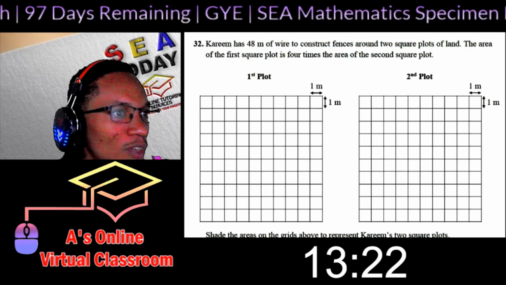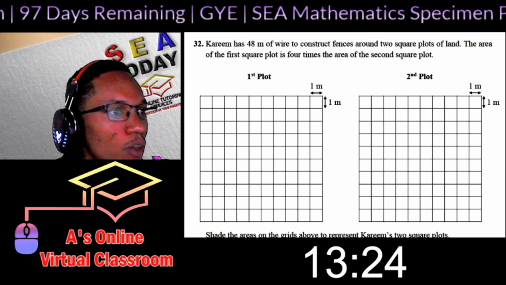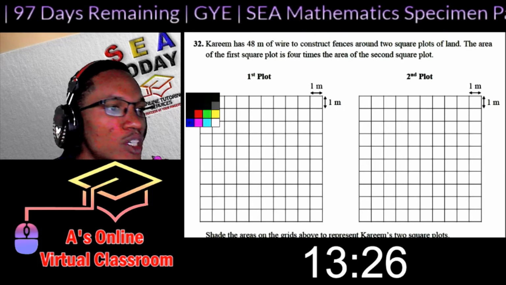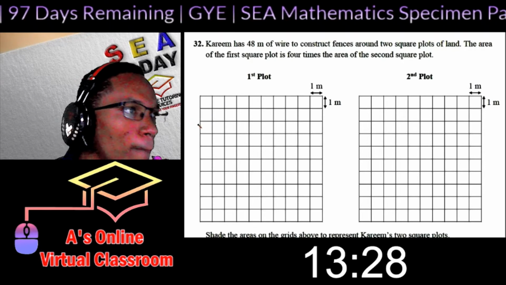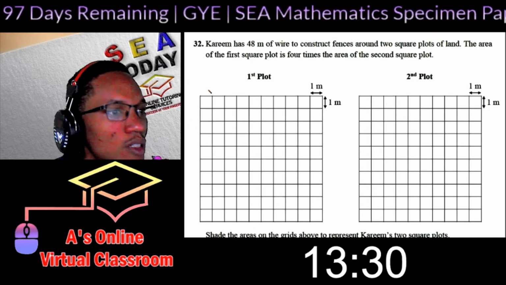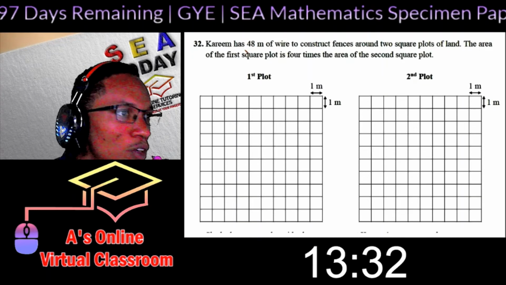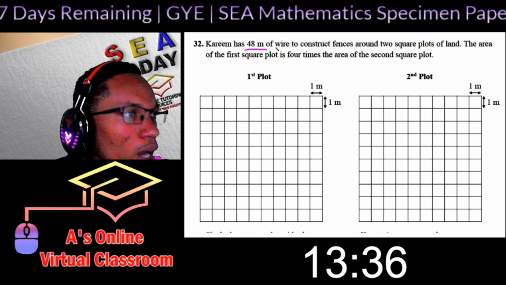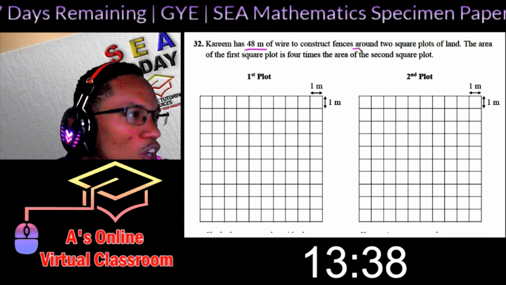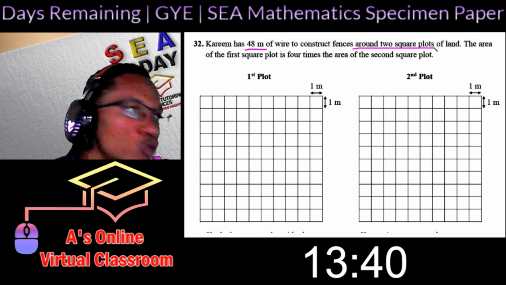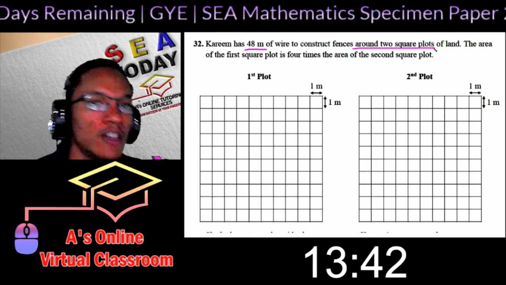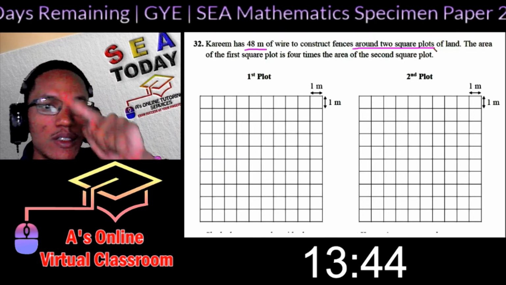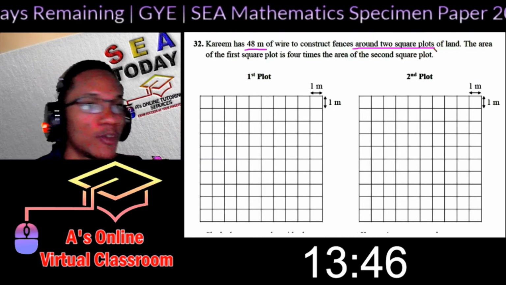Alright, because they want us to shade the area, but they give us a measurement for the perimeter, because they say the wire is to construct fences around 2 squares. So around the squares is perimeter, right?